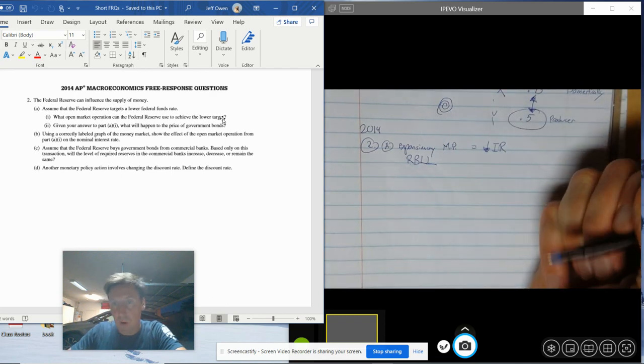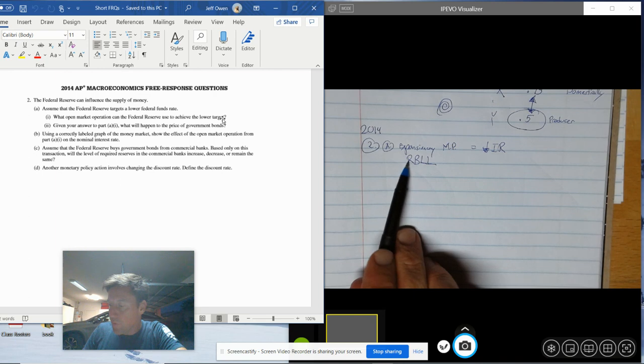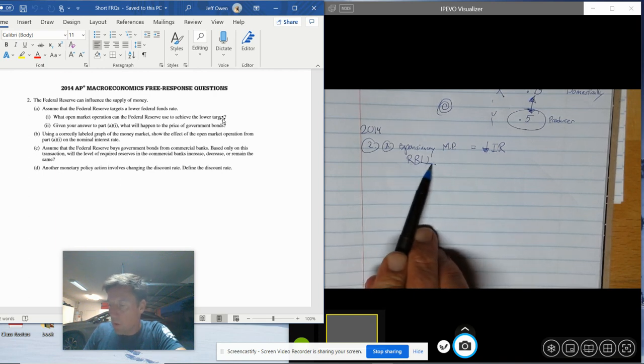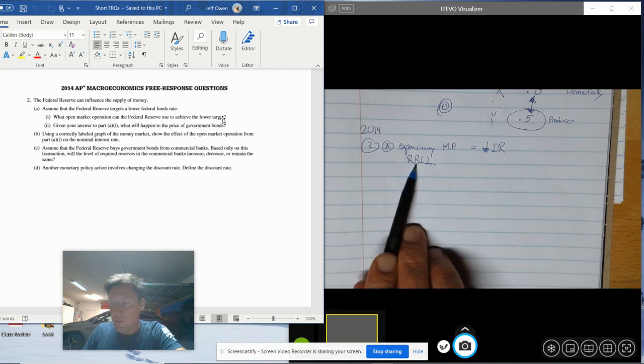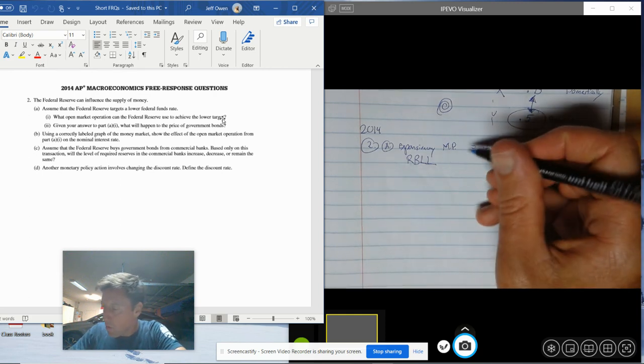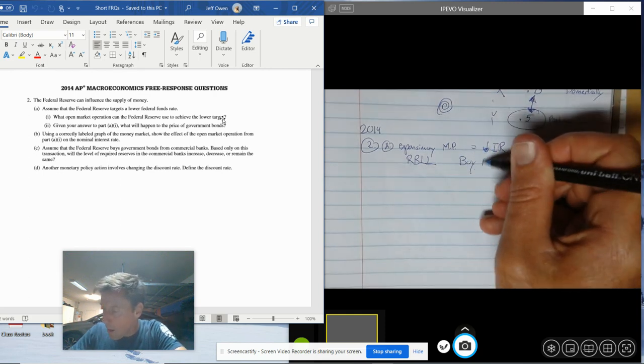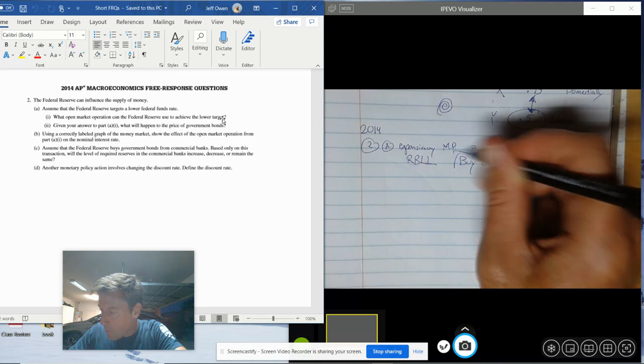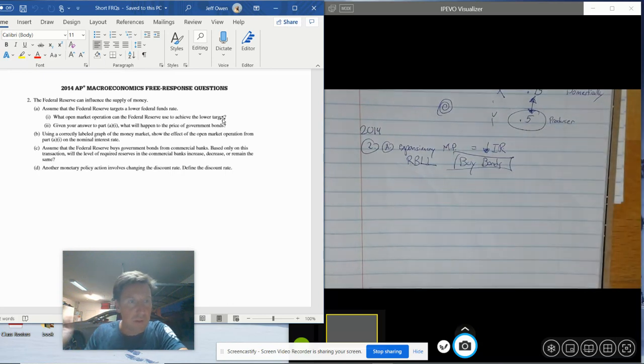That was our acronym. Now they said open market operation. So open market operations is the buying and selling of bonds. So we could buy bonds. That'll drop our interest rates, increasing the money supply.